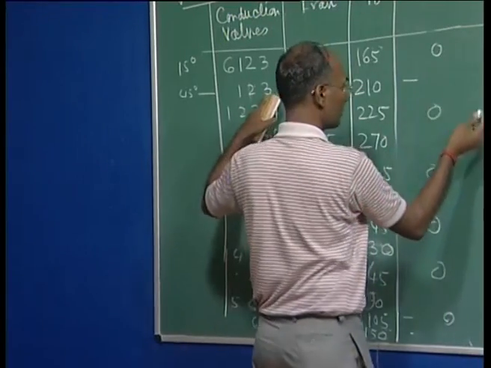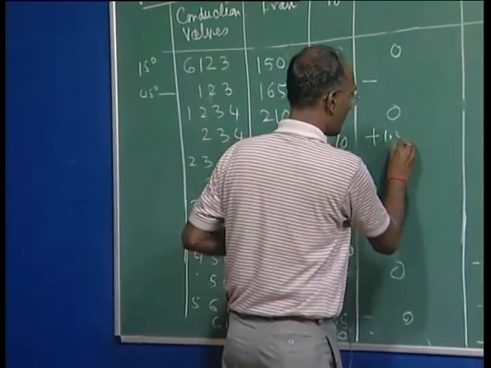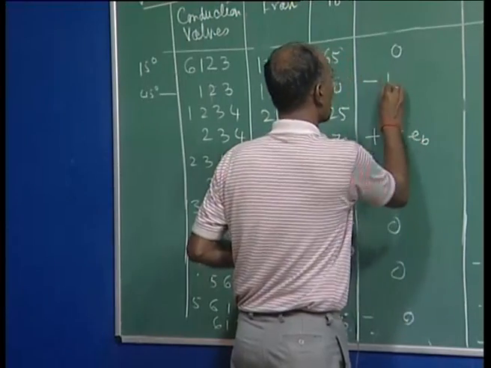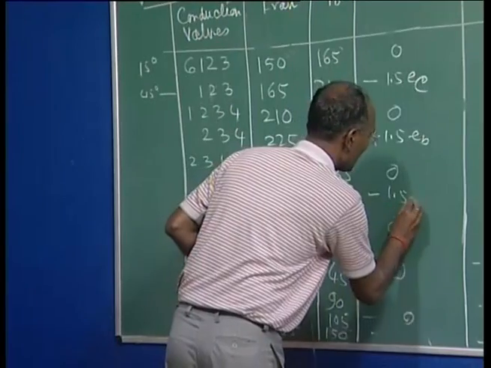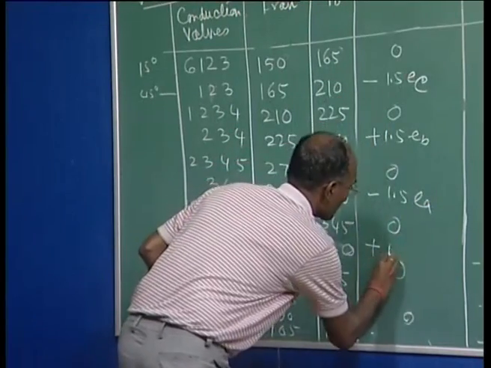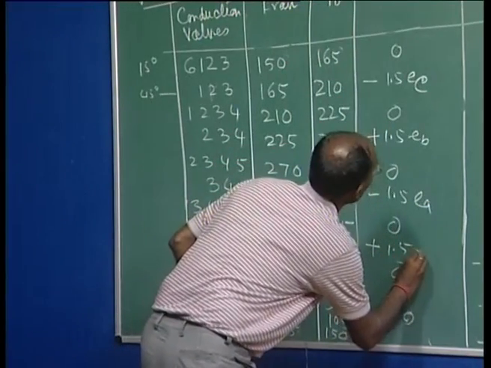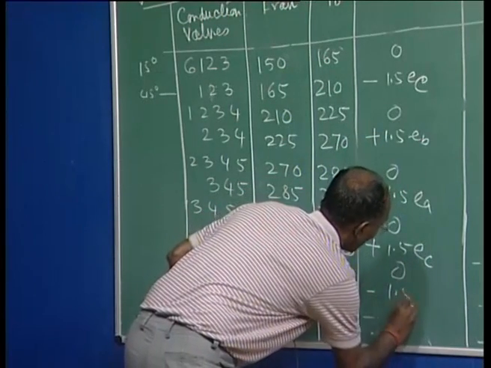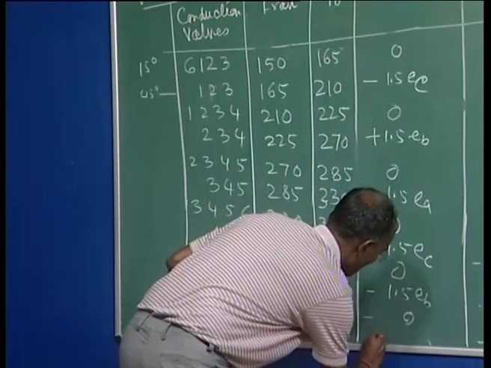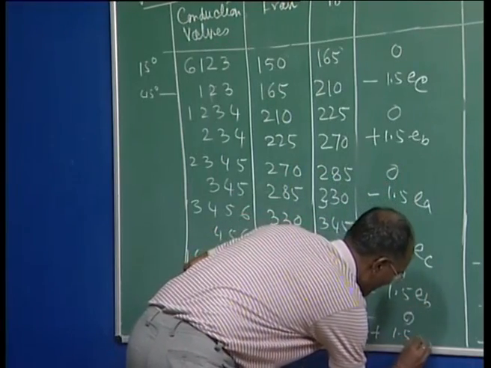Here it is what we wrote here, it is a plus 1.5 EB, here 1.5 EC, here minus 1.5 EA, here we wrote 1.5 EC, here it is 1.5 EB, here plus 1.5 EA.